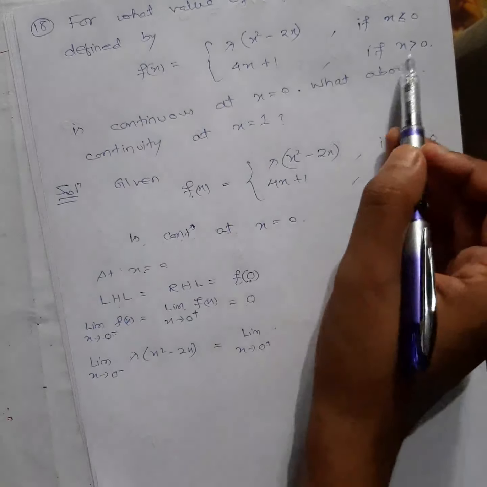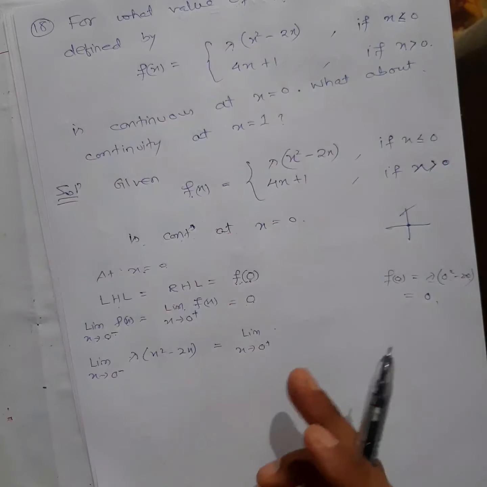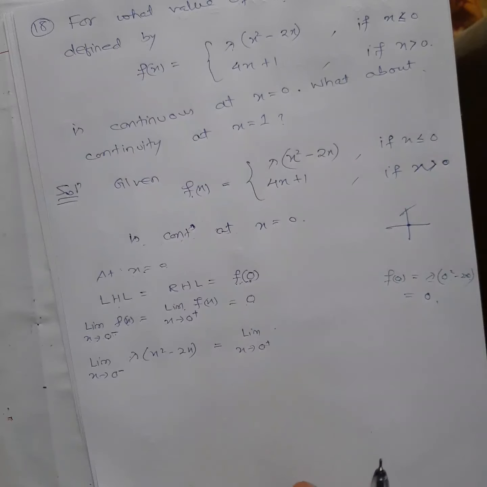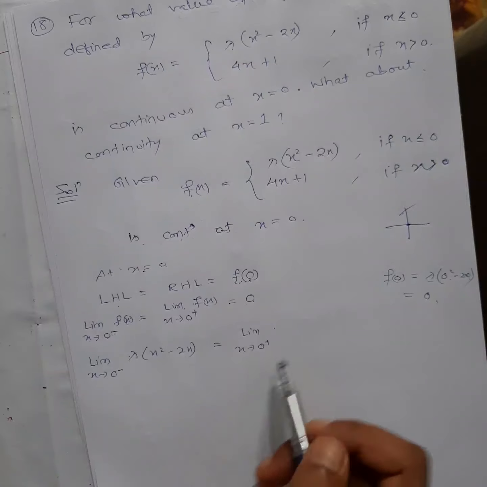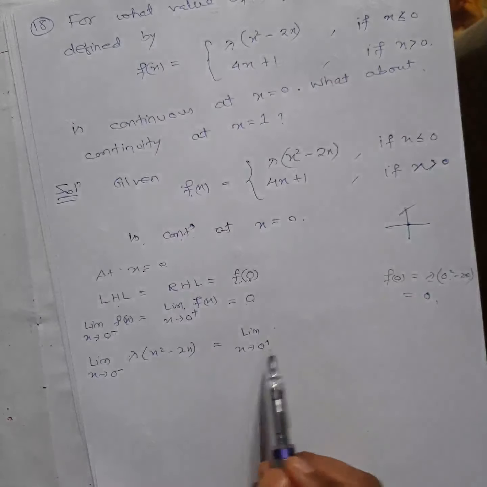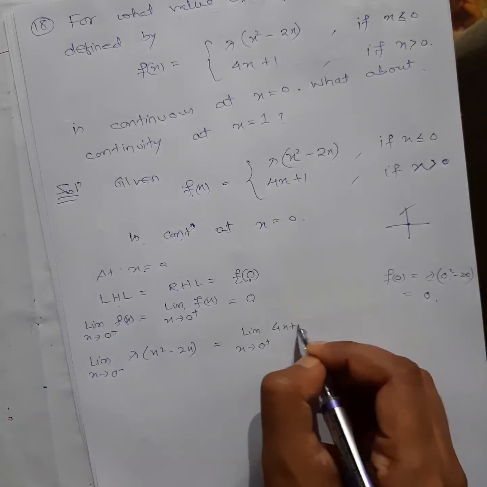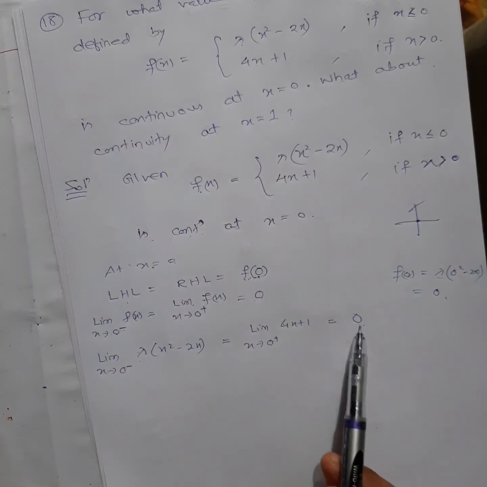You are taking values greater than 0. x tends to 0 plus means which values do you take? Just greater than 0, very close to 0, like 0.01, 0.0001. If you take values greater than 0, which function will it be? 4x plus 1, which must be 0. So the equation seems to be this and this.